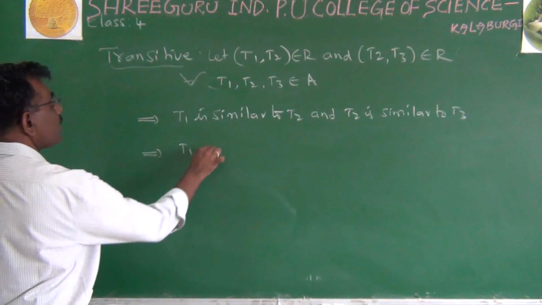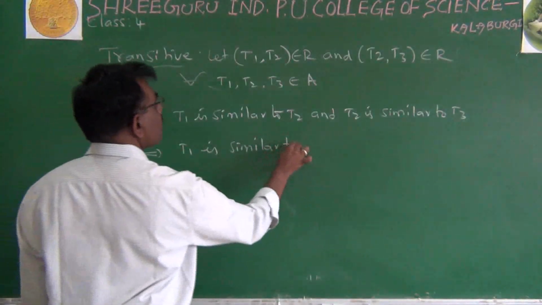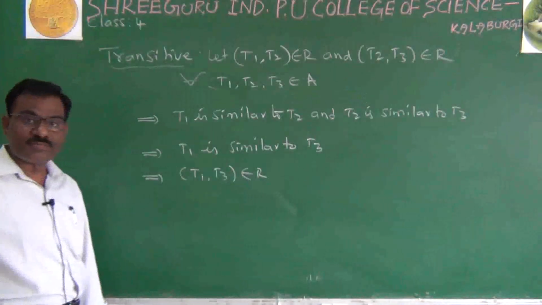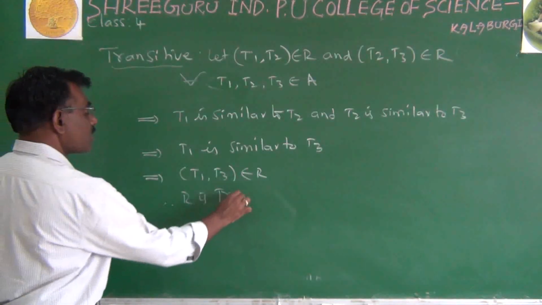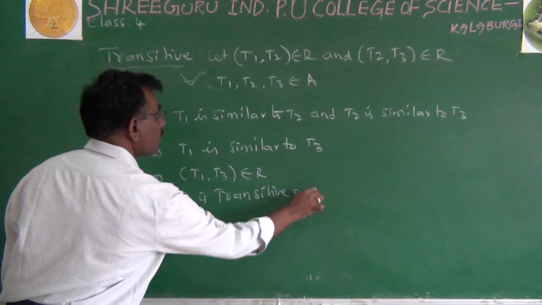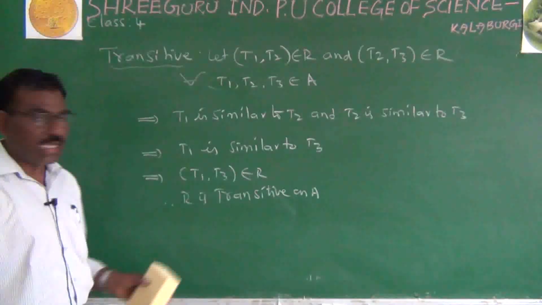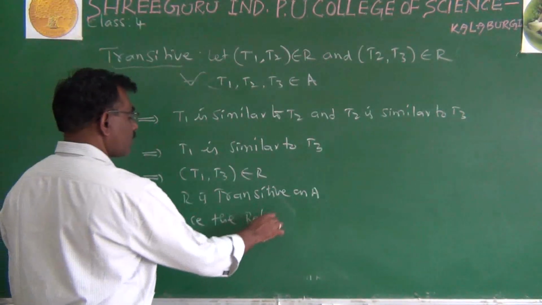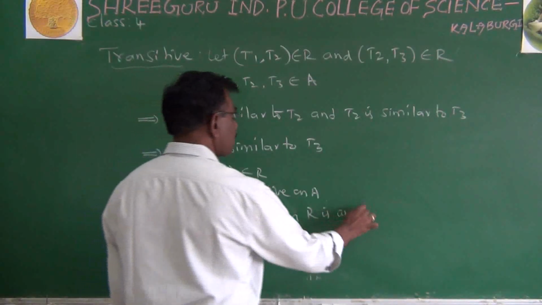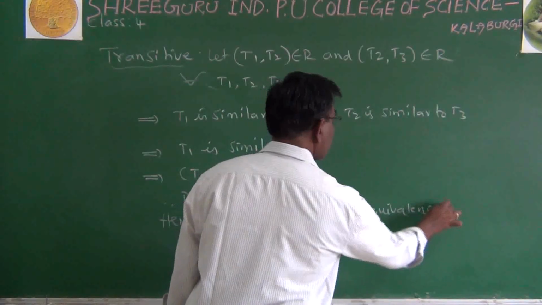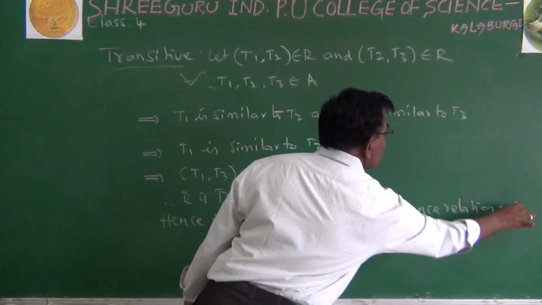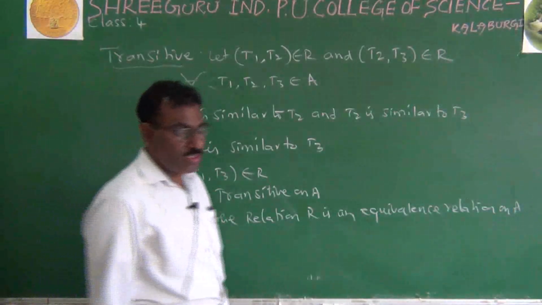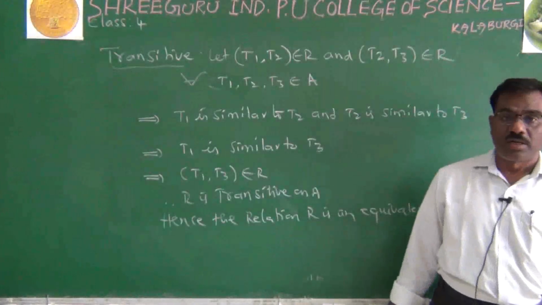It implies T1 is similar to T3. T1 comma T3 belongs to R. Therefore, R is transitive on A. Hence, the relation R is an equivalence relation on the set of triangles A. So all three conditions are satisfied: reflexive, symmetric and transitive.